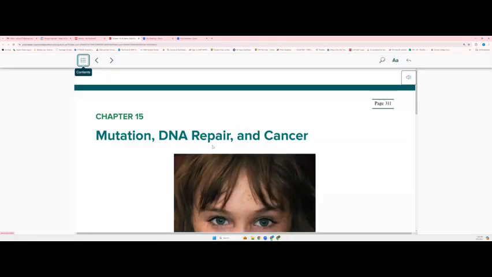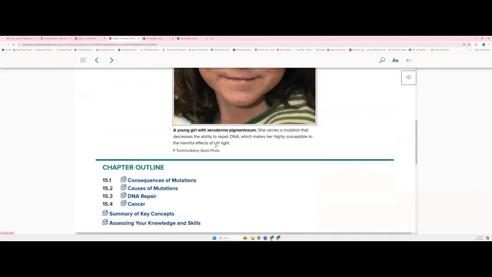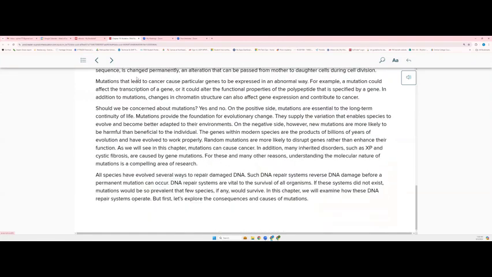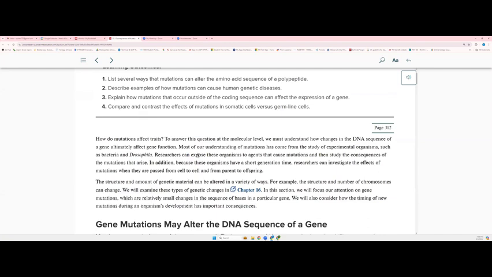This is very important. So mutation and DNA repair and the cancer. First, we're gonna introduce the concept of mutation. What is mutation? Mutation means there are changes in the DNA sequence of a gene.